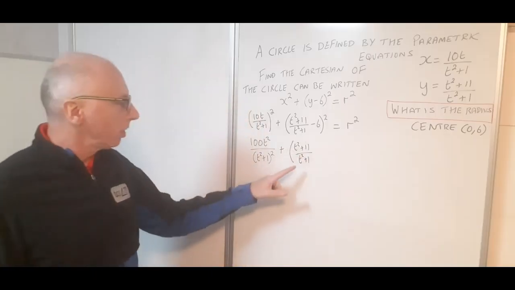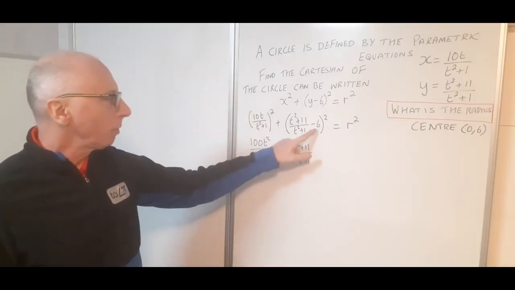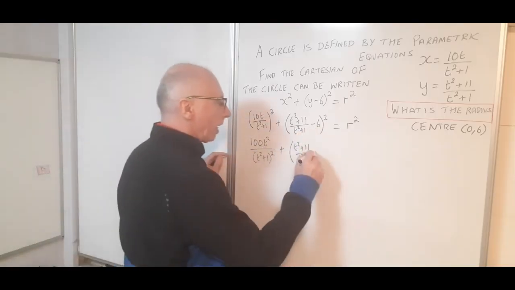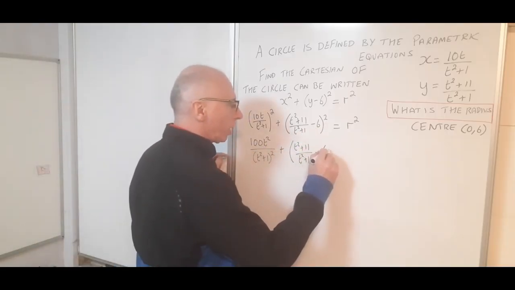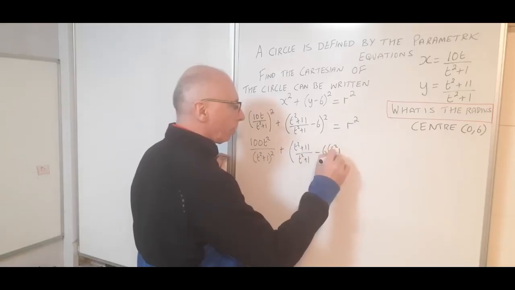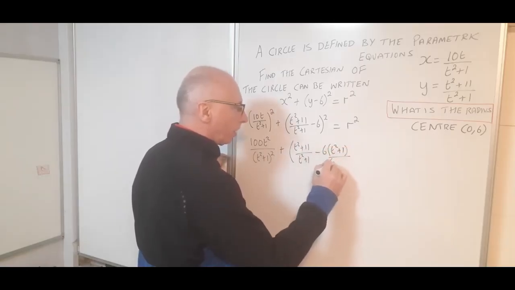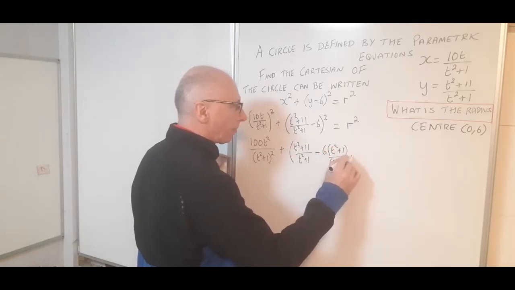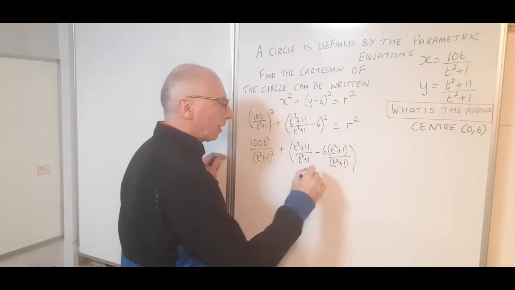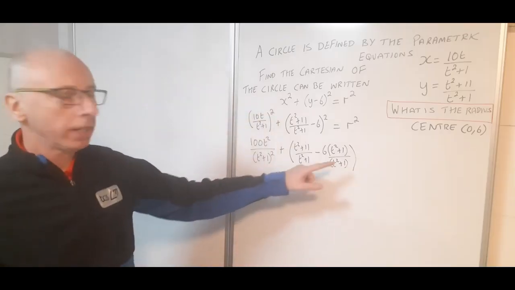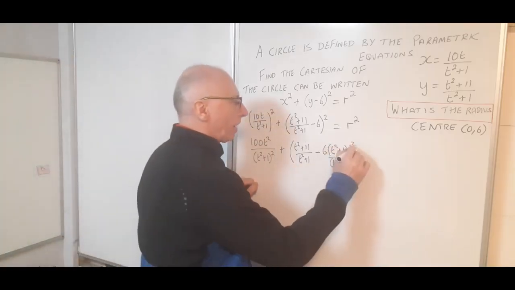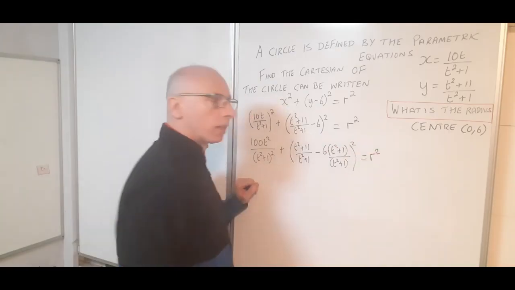Now if I want a common denominator, I multiply this by a substitute 1, so 6(t squared plus 1) over (t squared plus 1), and then that will be all squared, and that will equal my radius squared.